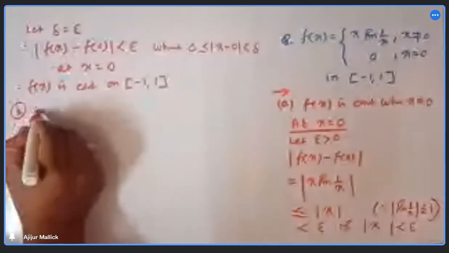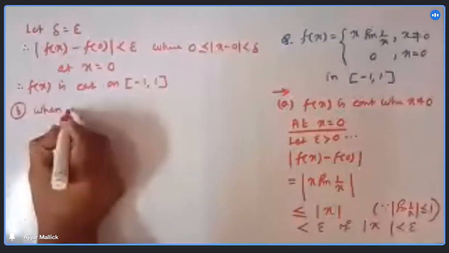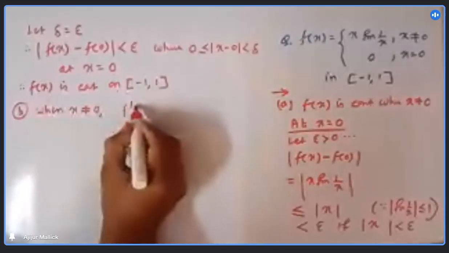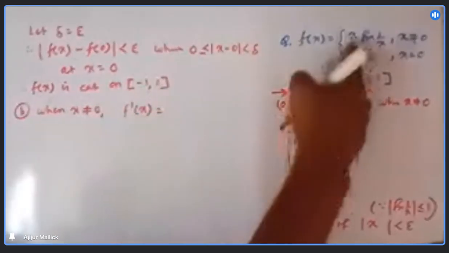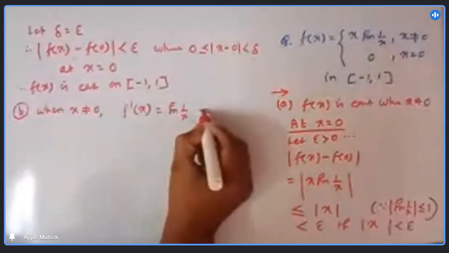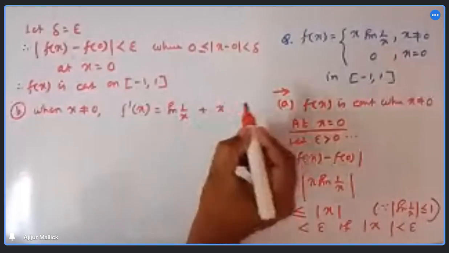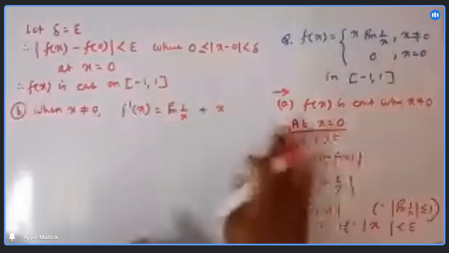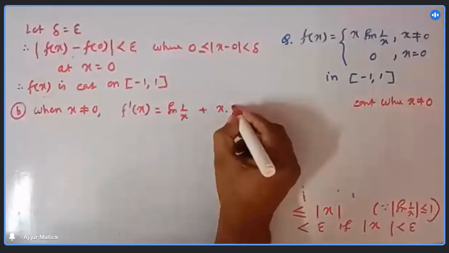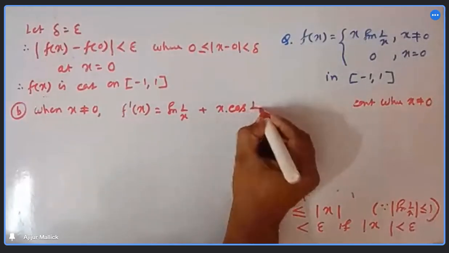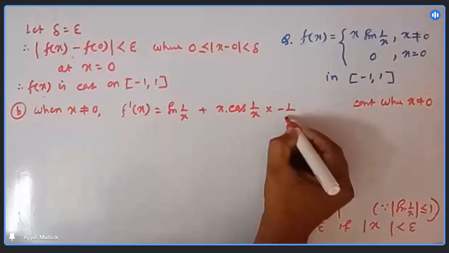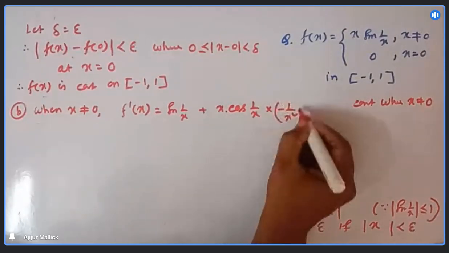When x is not equal to 0, f dash x is equal to its derivative: sine 1 by x plus x into the derivative of sine 1 by x, which is cos of 1 by x into minus 1 by x squared.